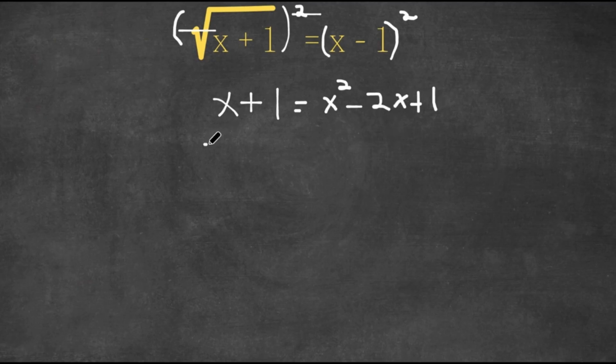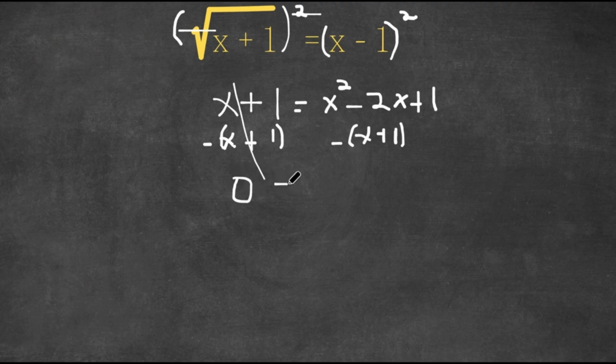Now we're going to subtract x plus 1 on both sides. So if we subtract x plus 1 on both sides, it's actually in parentheses. We get 0, because these two cancel out, equals x squared.